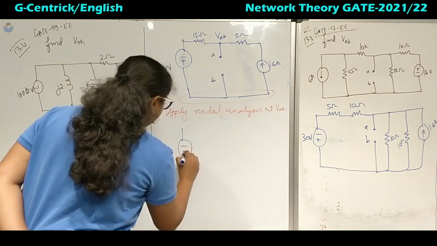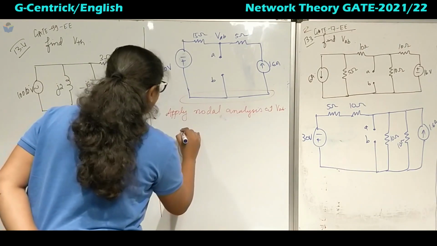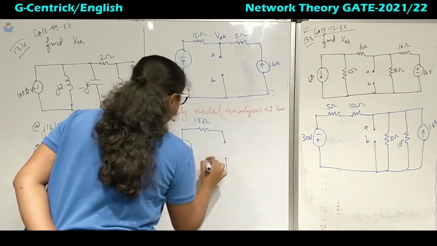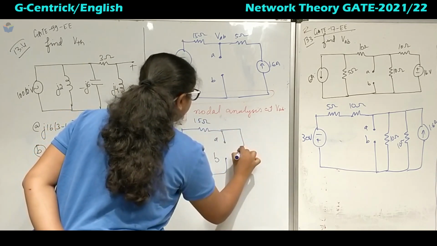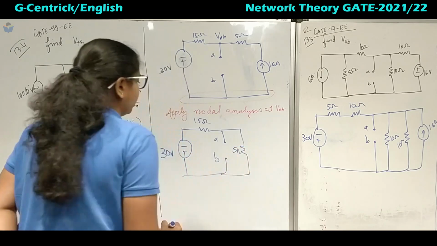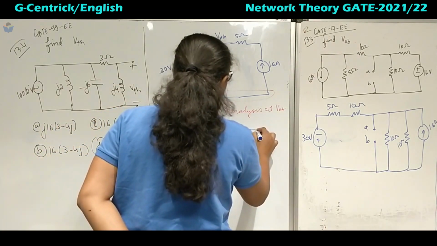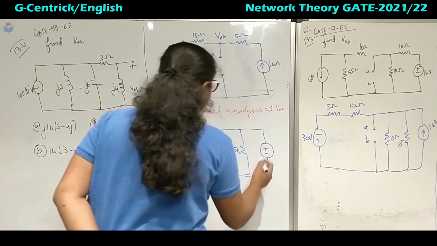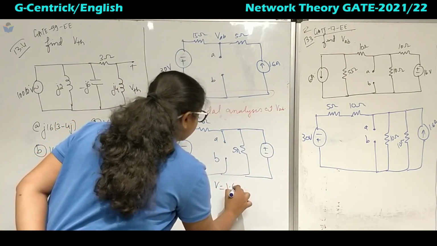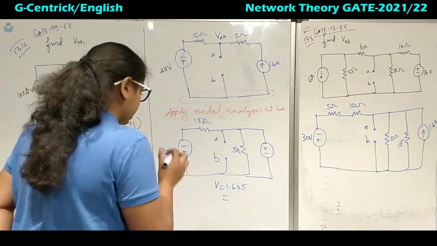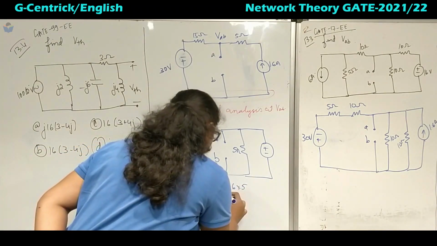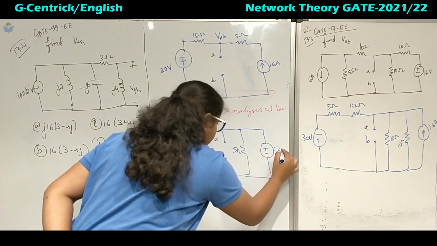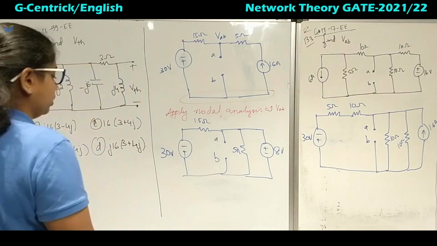So now if I take this as 30 volt, 15 ohms, A and B, I will get this 5 ohm in parallel, and here this will be plus and minus. So V will be equal to 1.6 into 5, so I will get it as 8 volts.